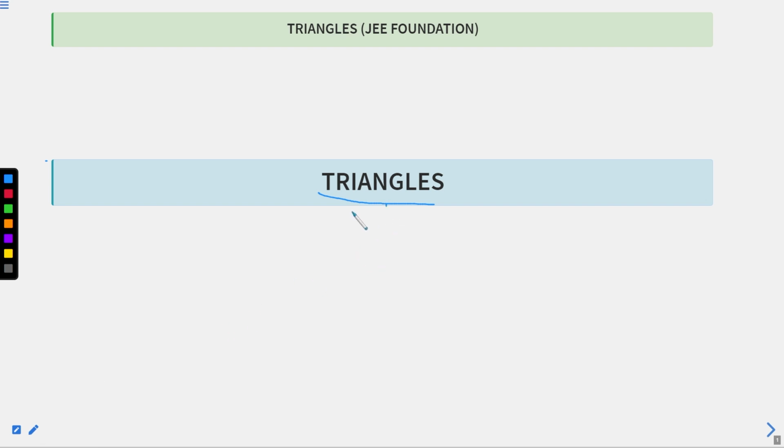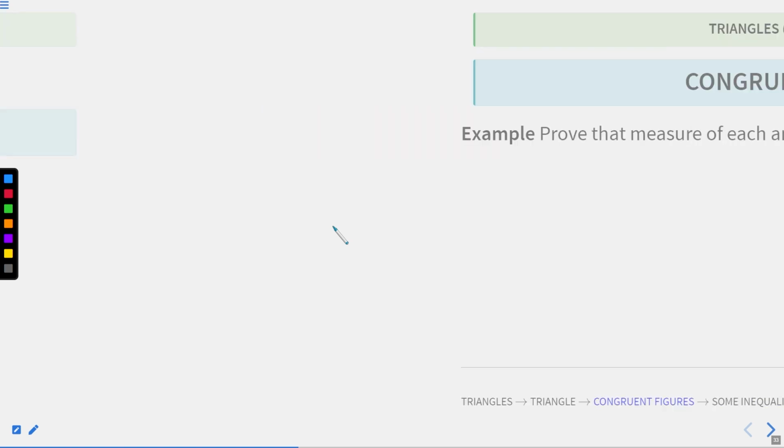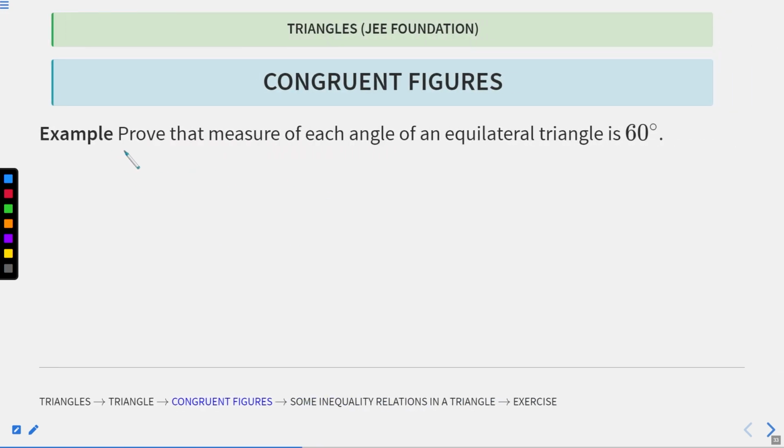So let's jump right into our examples. Let's see our first example. It says, prove that the measure of each angle of an equilateral triangle is 60 degrees.